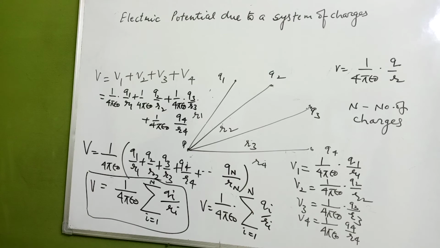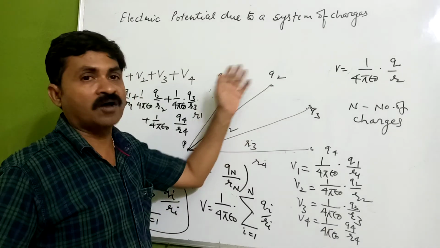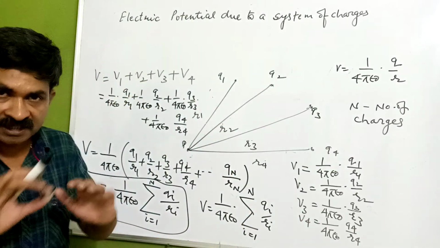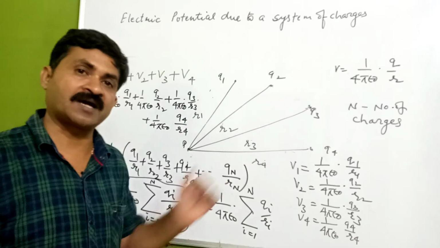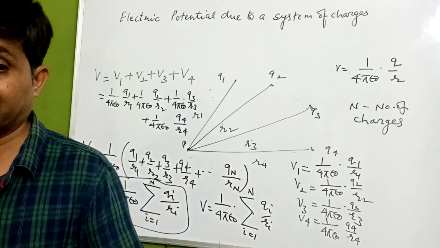So electric potential is the potential because of all charges, the addition of all the charges at a particular point where we are defining the electric potential.